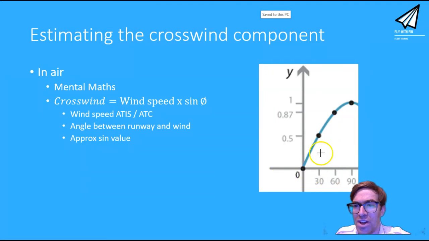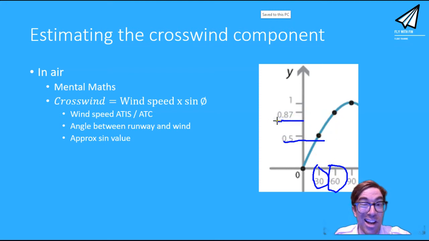Here we go. This is a little portion, the first sort of 90 degrees of the sine wave or the sine curve. And you can see at 30 degrees sine, we're at about half, and at about 60 degrees, it increases up to about 0.9 essentially, about 90%. So we're going to simplify this even further.